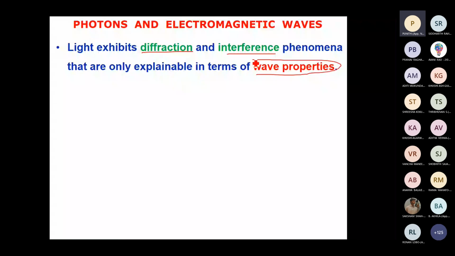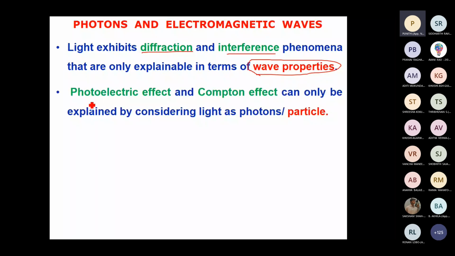And you have seen in the past two to three classes that the photoelectric effect and the Compton effect can be explained only if you treat light as a photon, that is the particle.